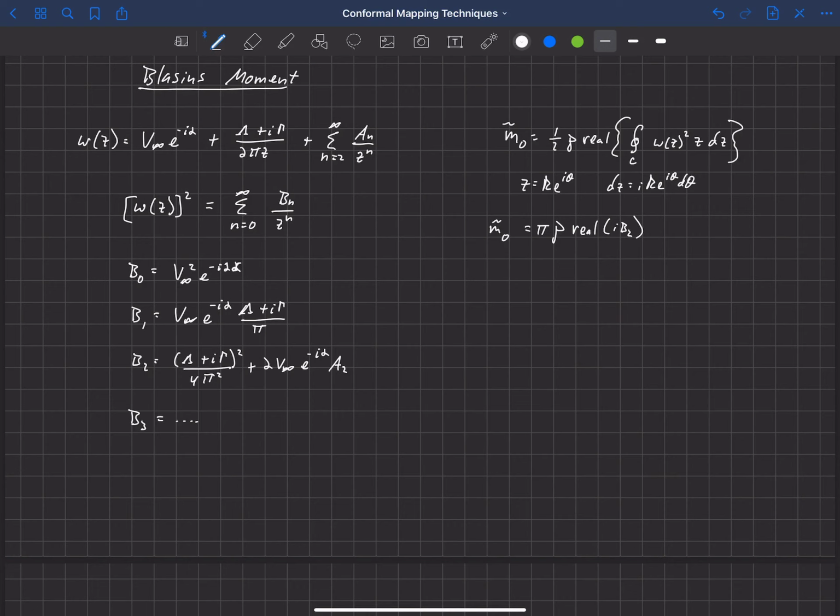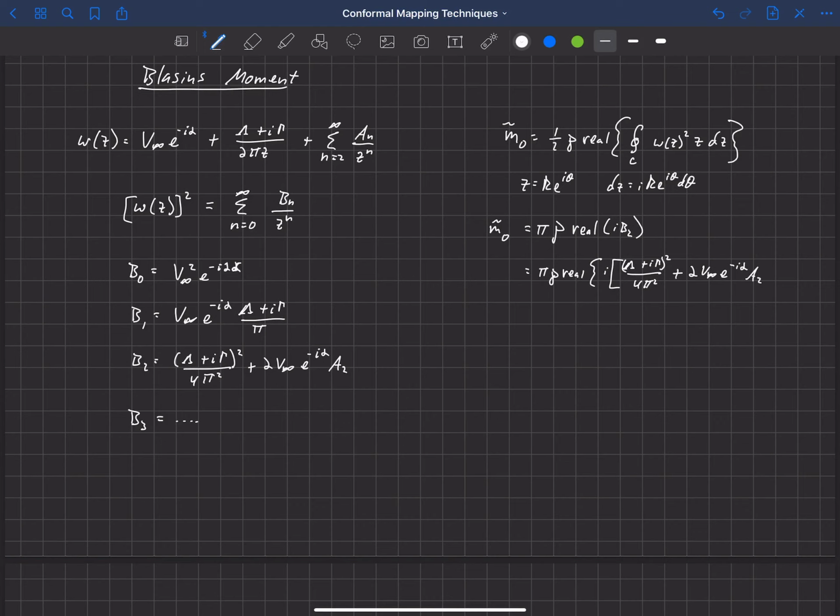It just so happens that we know what b_2 is. We found that here, so we can plug that in, and what we get is pi rho times the real part of i times (lambda plus i gamma over 4 pi) squared, plus 2 v infinity e to the minus i alpha times a_2.